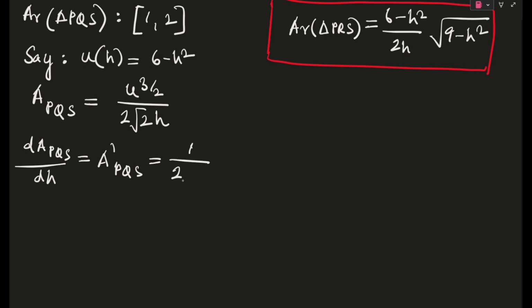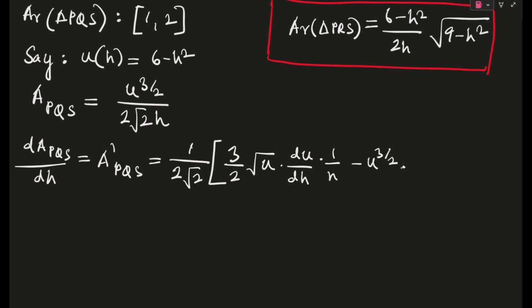So this will come out to be 1 by 2 root 2 outside, 3 by 2 root u, and here you will have u dash, or rather du by dh, into 1 by h, minus u power 3 by 2, and this thing will come out to be 1 by h squared. Because 1 by h is differentiated as minus 1 by h squared, the plus which was supposed to be present here became minus.